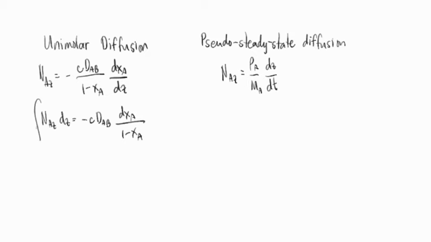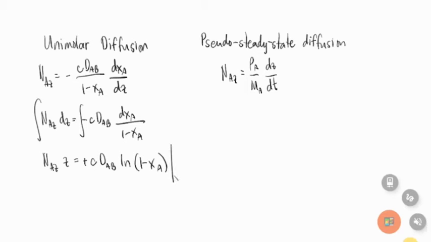Integrating both sides of the equation, we have N_Az multiplied by z. That's equal to negative C D_AB multiplied by ln of 1 minus x_A, multiplied by negative 1 to satisfy the chain rule, so the sign would now become positive. Okay? And we are integrating this from x_A1 to x_A2.